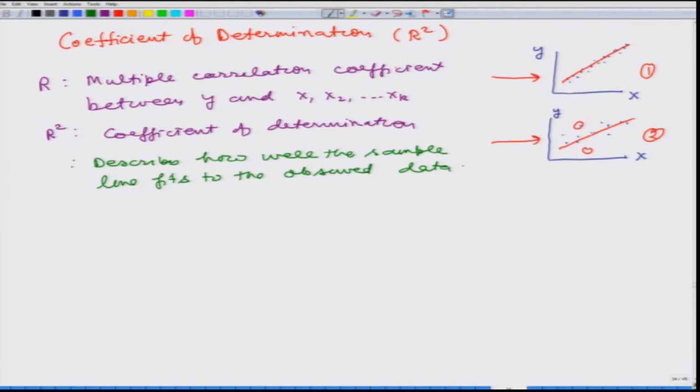In some sense, this measures the goodness of fit of the model.